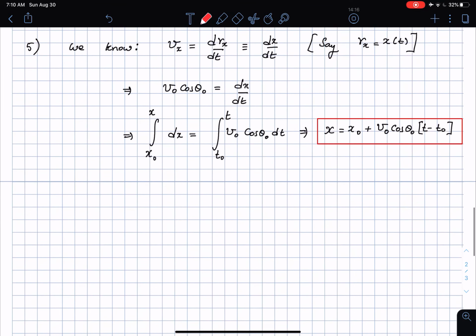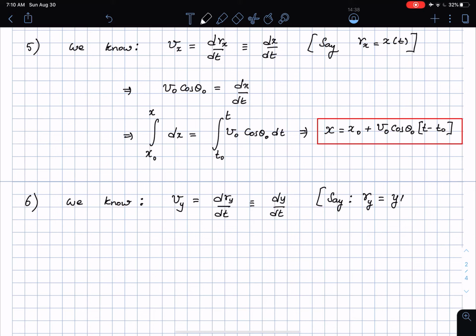Okay, then we also know that Vy is dry by dt from Cartesian kinematics. I'm going to write this as dy by dt by saying that Ry is equal to some y of t.